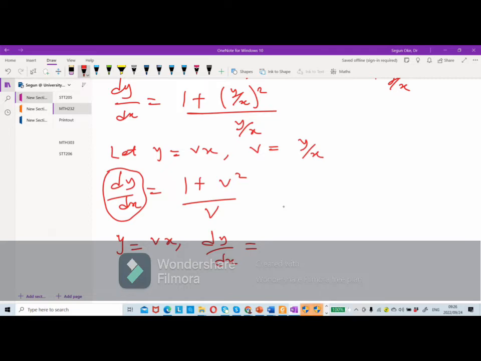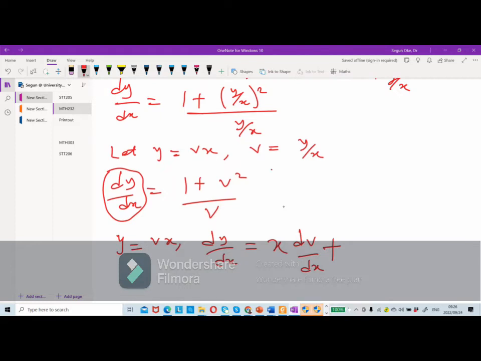The dy/dx will be: hold x constant, differentiate v. I will have dv/dx. That's all. Hold x constant, differentiate v. Remember, everything is with respect to x in this case. So now I will add.